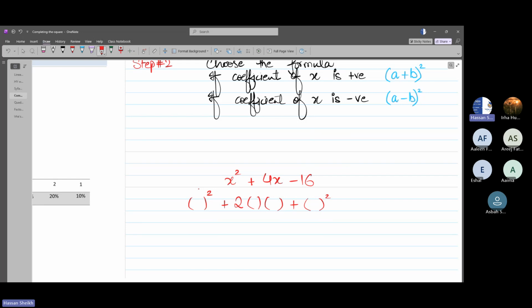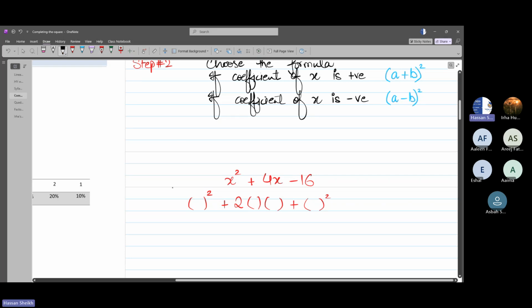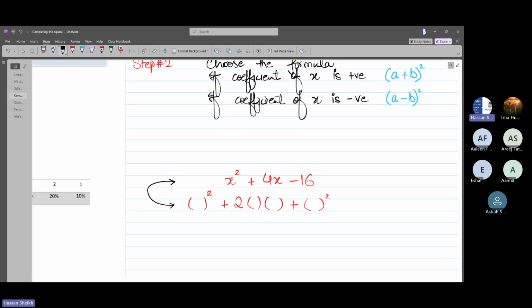Now you need to understand that we need to fill these brackets with the appropriate variable or number. And because this is an expression, you must keep in mind that it must be the same as the first step. There is no possibility that you can change those numbers because this is a given expression.